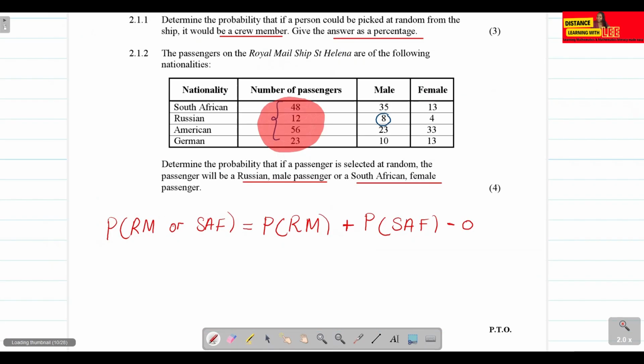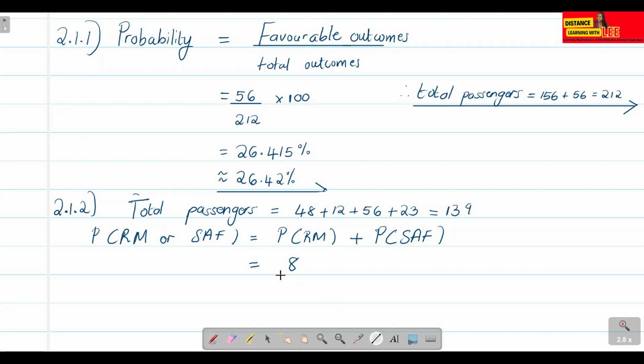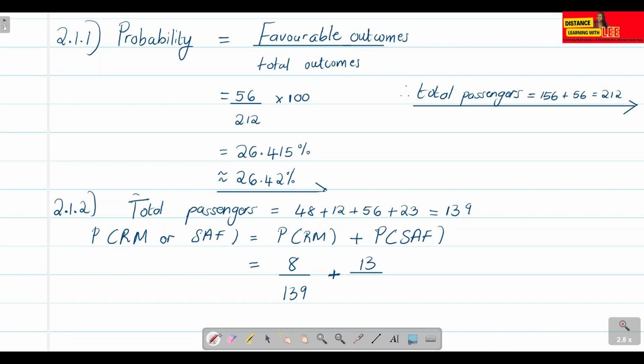If you have a look at the table here, the Russian male is 8, divided by the total outcomes, which is 139 passengers. Plus the probability that it's a South African female: we have a look at South African female, it's 13 divided by the total outcomes, 139.